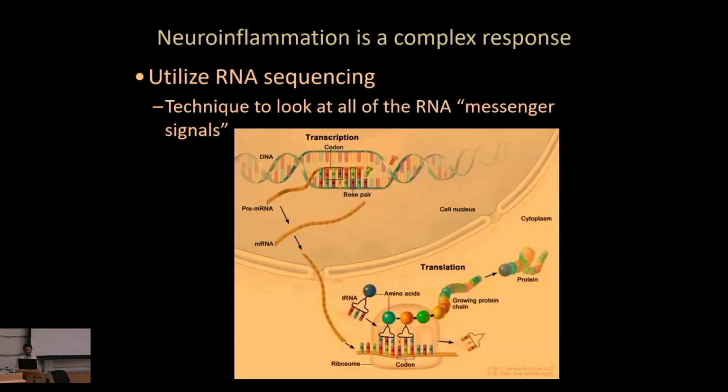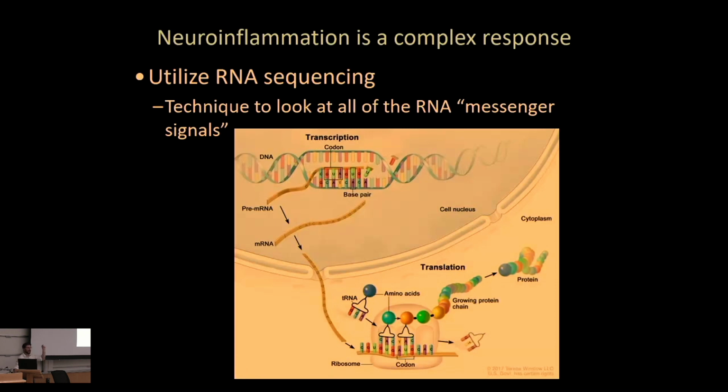Now, just very briefly, what we're going to be doing is looking essentially at RNA, right? So you have RNA and DNA. DNA is the building blocks, the code for all the things that you make. RNA, in this case messenger RNA, is a message. The cell says, I want to make X. Go tell the rest of the cell that. It's going to produce this mRNA that's going to go into the cytoplasm, and it's going to say, hey, make this protein.